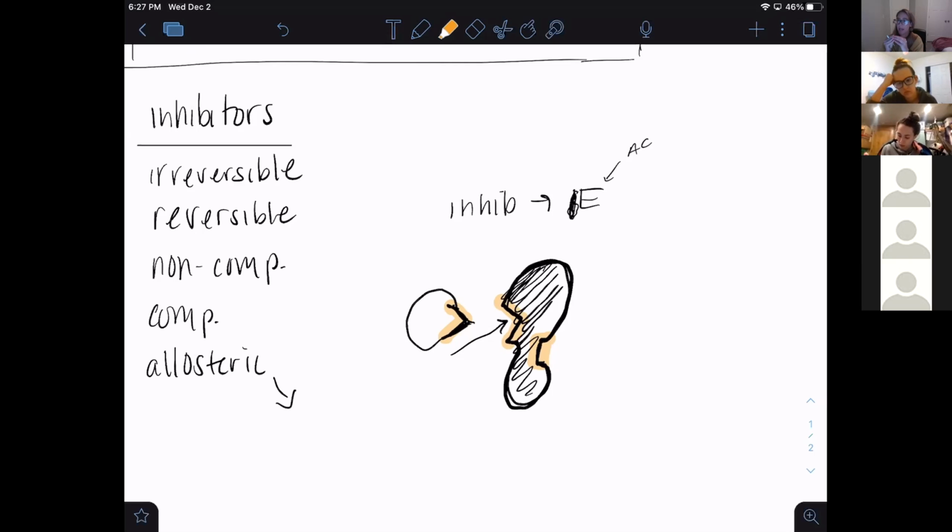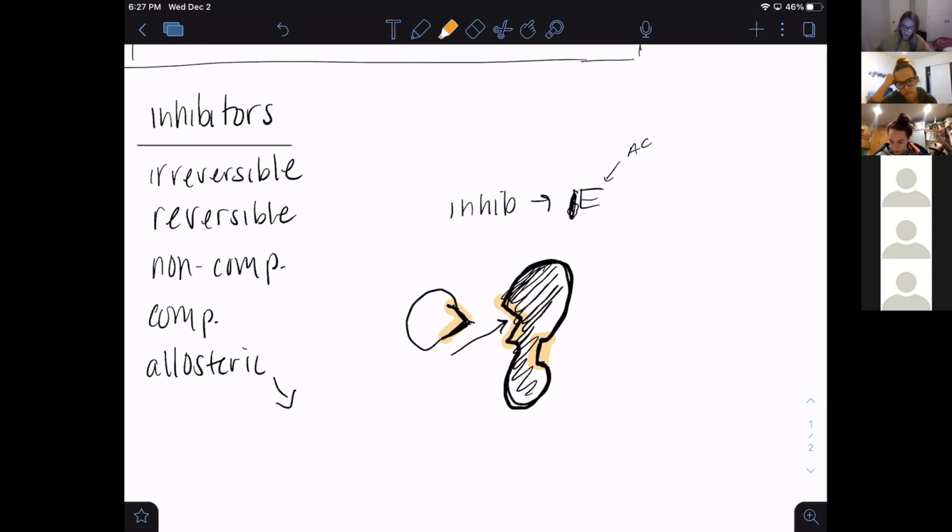We build this enzyme substrate complex, and then we can basically move on with whatever process we're doing, right? So catalytic, or we can do a cascade and do more work, right? So the point is we need to have this substrate come in that fits perfectly, conformational change, and then we basically get a result.